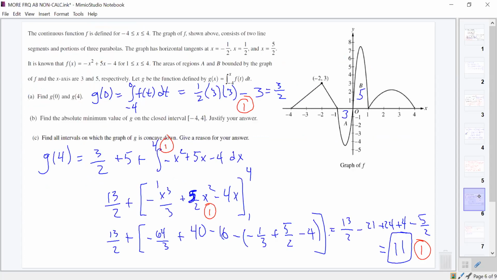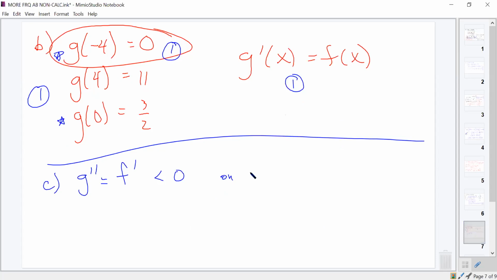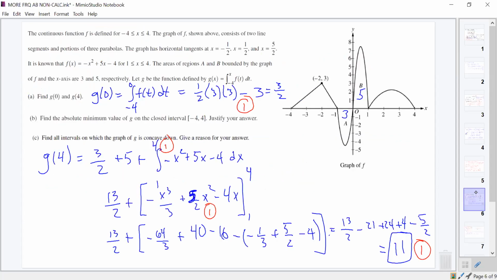Well, here's F. The slope of F is positive from -4 to -2. The slope of F is negative from -2 down to, what is that? -0.5 is what they told us. So -2 to -0.5. And then again, let's see, positive, positive, positive, positive, positive.